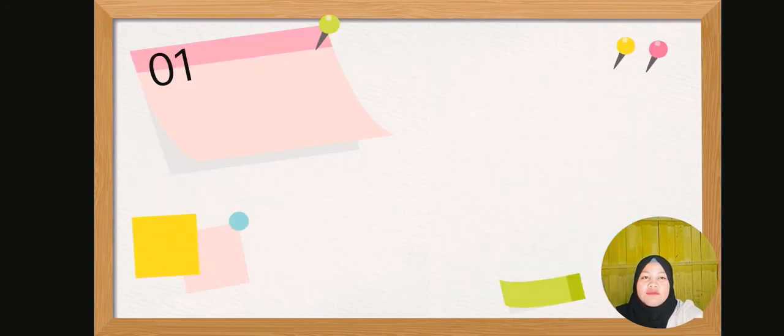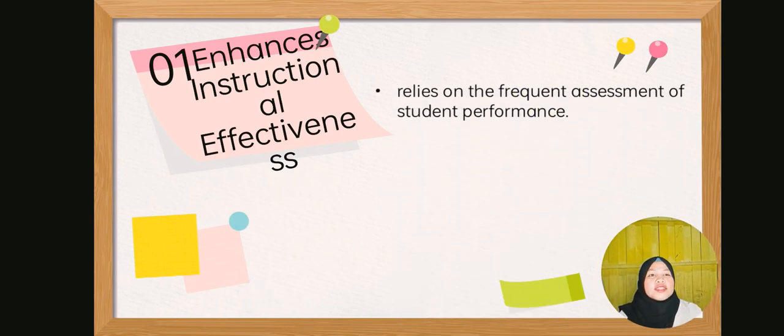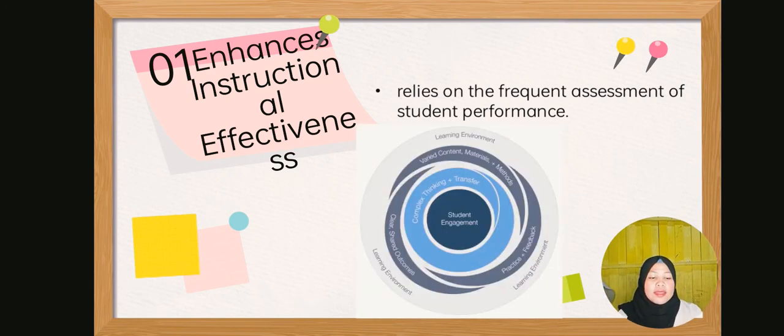So let's now tackle the first one. Enhances instructional effectiveness. This relies on the frequent assessment of student performance, so that the instructional material must be able to facilitate the increase of students' achievement.